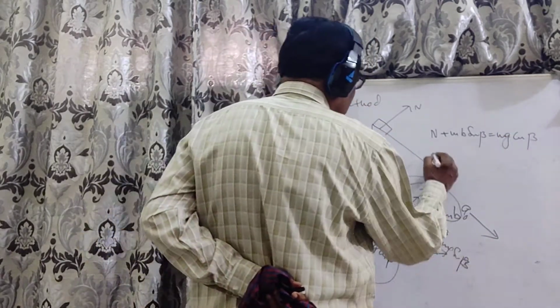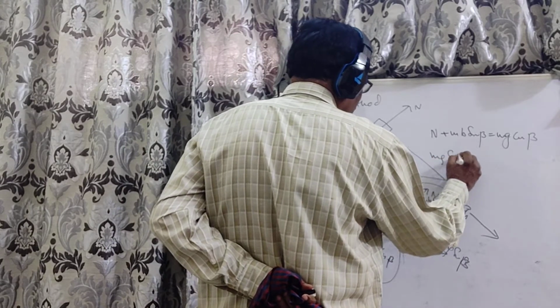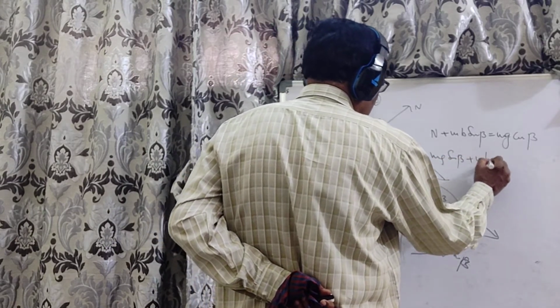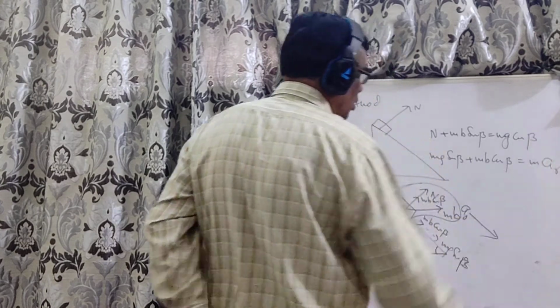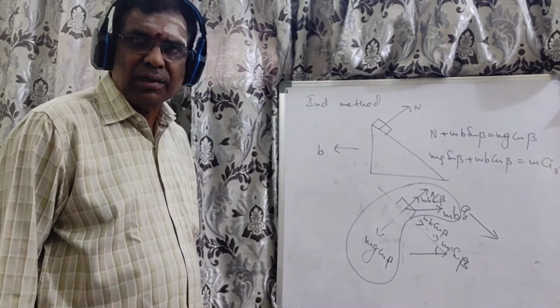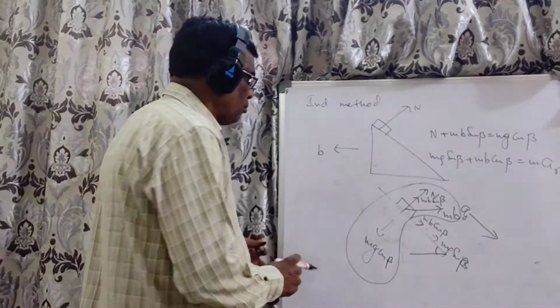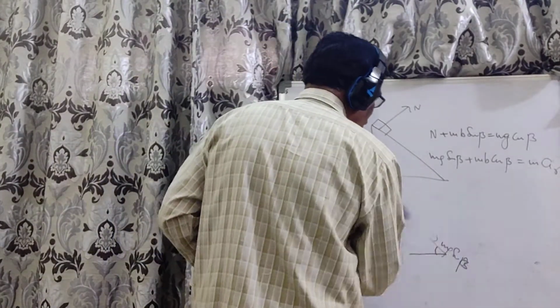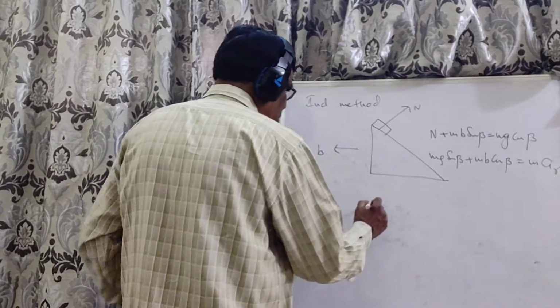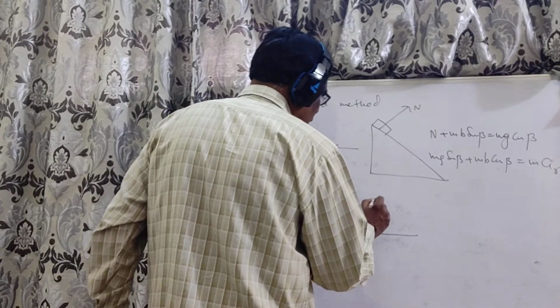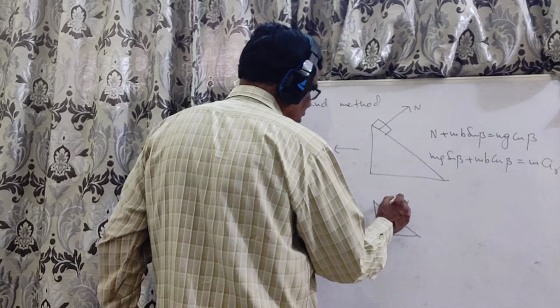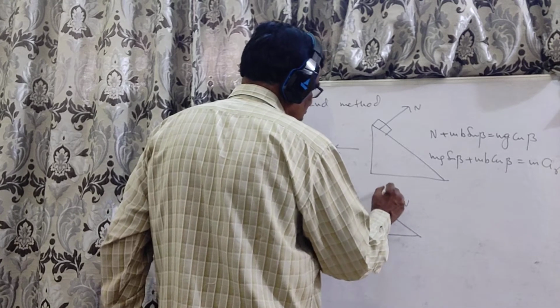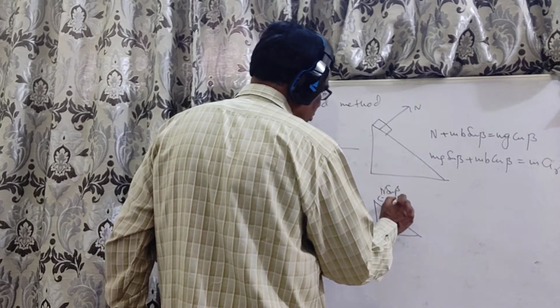And in this direction, mg sin beta plus mB cos beta is equal to m a_r. I hope you got it. Right? Now you draw the FBD for the incline. That will not differ. This is N. This is N sin beta.